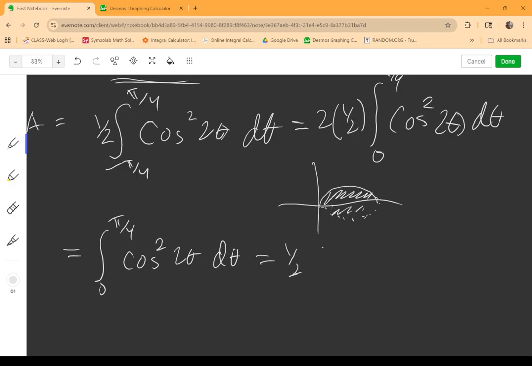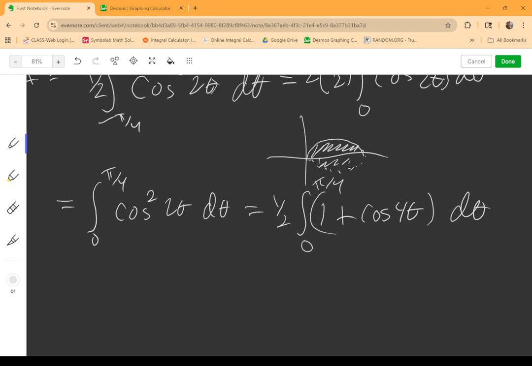The power reducing formula gives 1/2 times 1 plus the double of the angle, so cosine 4 theta, d theta. Okay, and now this becomes 1/2 the integral of 1, which is theta, and the integral of cosine is sine of 4 theta, but don't forget it's 4 theta, so divide that constant out right there. And this will be evaluated at pi over 4 and 0.